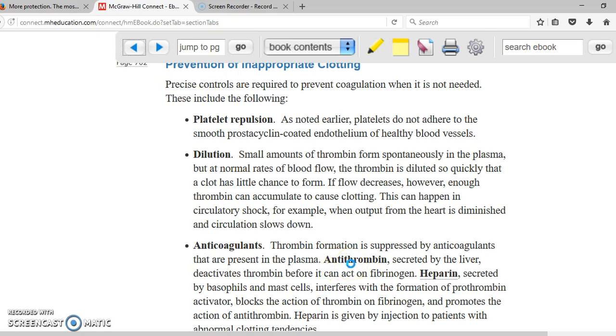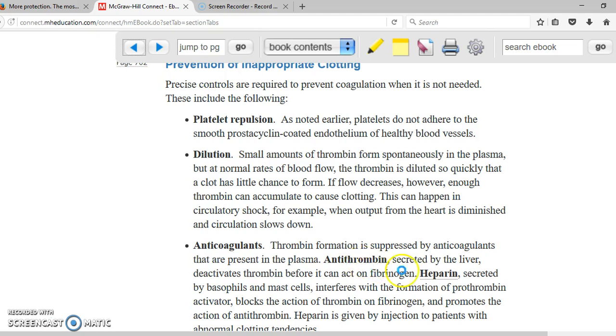Obviously, if thrombin is the substance that makes fibrin, then a substance called antithrombin will stop the production of fibrin. And fibrin will not be able to produce a blood clot.